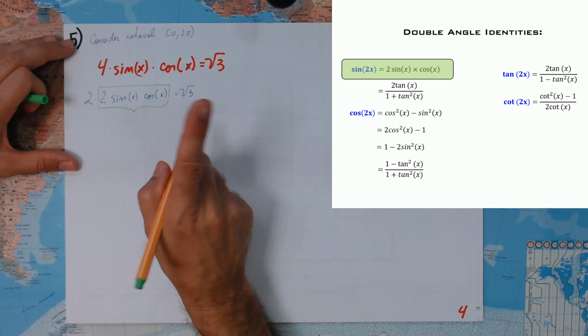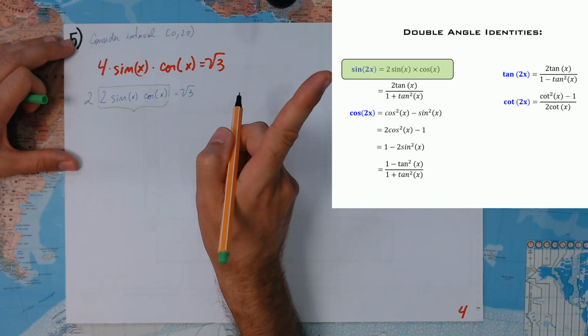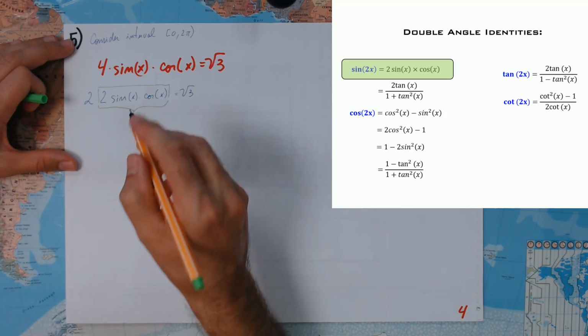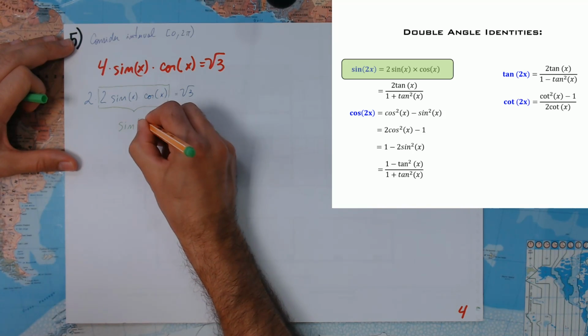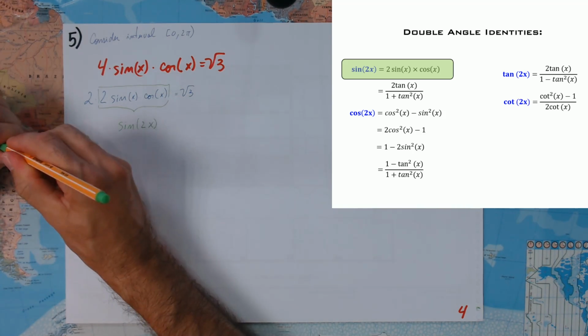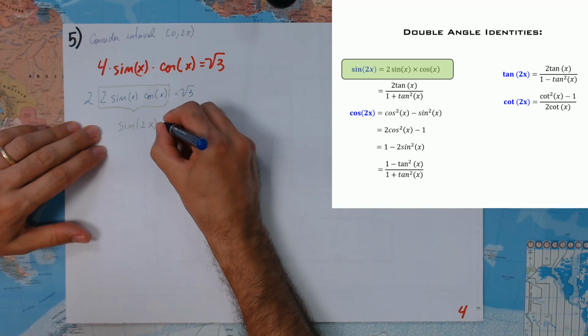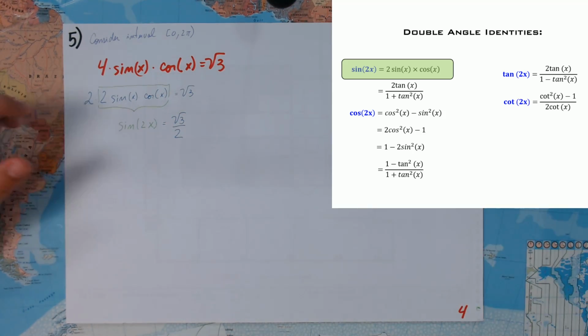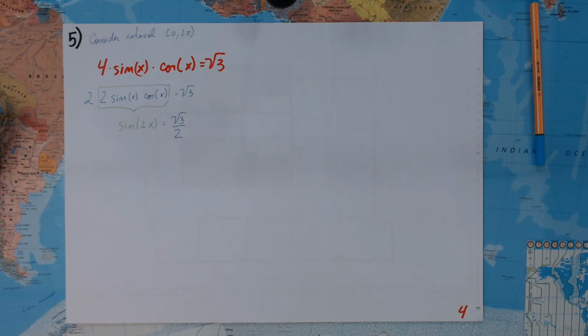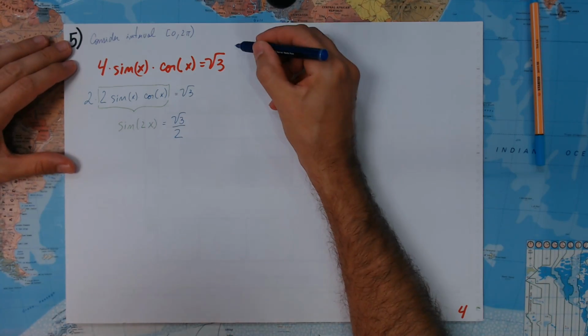This is exactly this in here, okay? It is exactly this one. So this is going to be exactly sine of 2x. Now I just have to throw the 2 down here, square root of 3 divided by 2. Well, we don't need this one anymore. Let me just remove it. Okay, now let's continue.